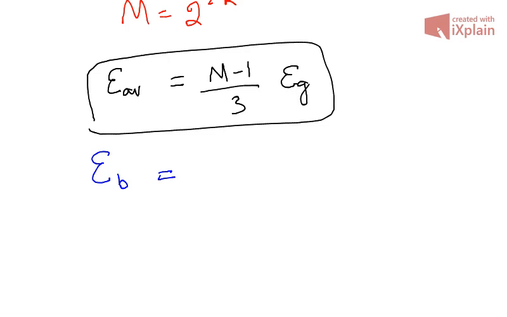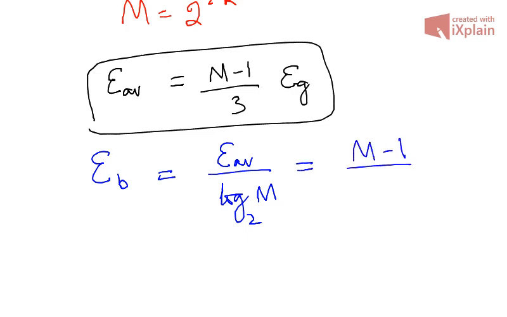So the average bit energy, whatever the number of bits it carries, right? So we have to divide our average energy by the total number of bits it carries, which is log M to the base 2. And your expression comes out to be (M minus 1) over (3 log M to the base 2) times Eg, right? So this is your expression for the average bit energy.